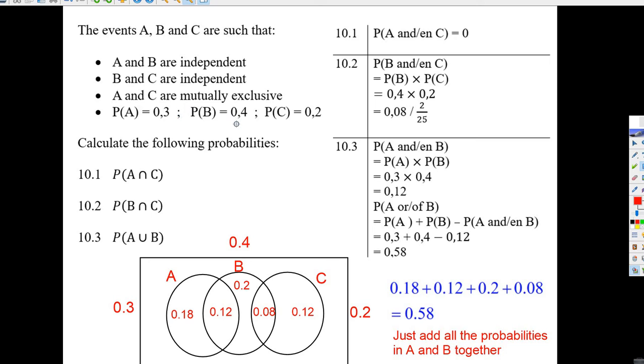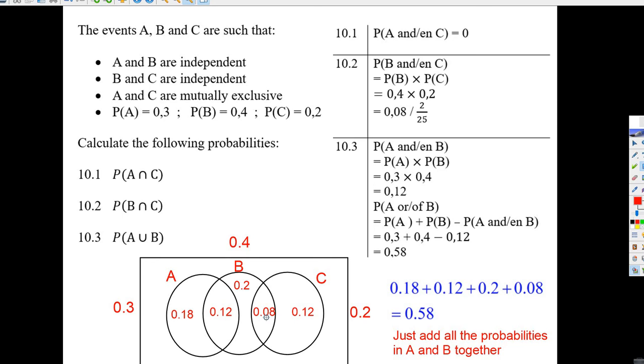I just go 0.3 times 0.4 because they're independent. So you get 0.12. And then you go 0.3 plus 0.4 minus the 0.12, because you know this formula, you get 0.58. But I want to show you with a Venn diagram that you could have actually put this stuff in and really see why it's true.